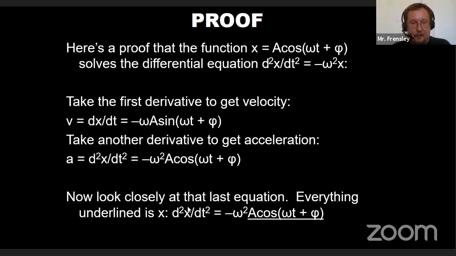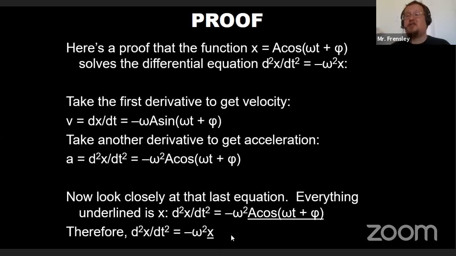So I get the second derivative equals negative omega squared times x. That's this equation. So x equals A cosine of omega t plus phi is the solution of this differential equation. It's the function that makes both sides say the same thing. Okay, so therefore, the second derivative of x is negative omega squared x. The function makes the differential equation a true statement.